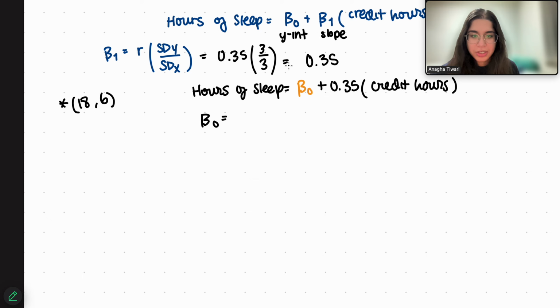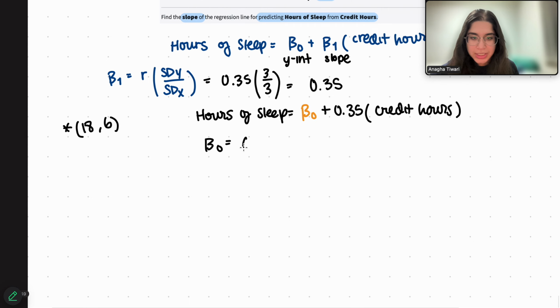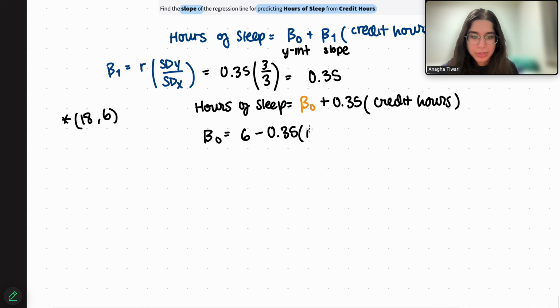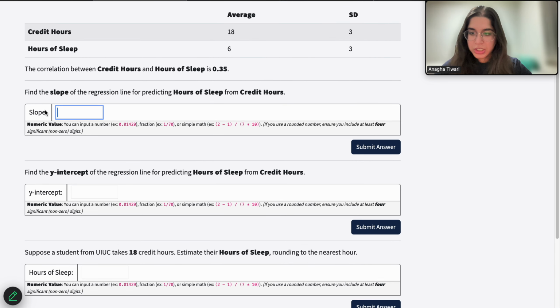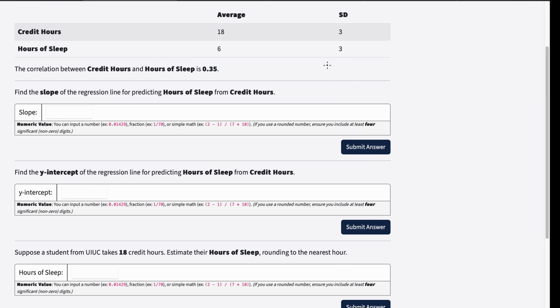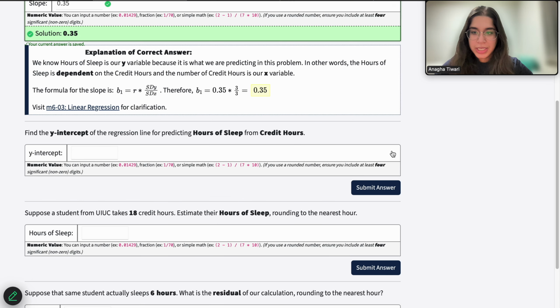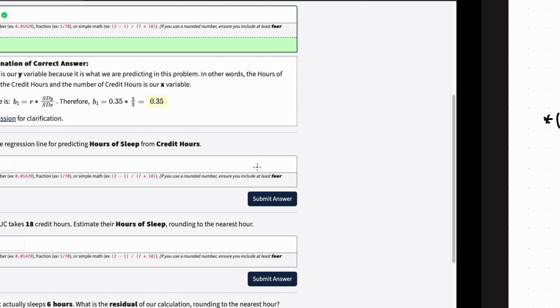Solving for beta 0 is going to be my hours of sleep, which is my y variable, which is 6, minus 0.35 times my credit hours, which was my x variable, which is 18. If you plug that in the calculator, 6 minus 0.35 times 18 is minus 0.3 as my y-intercept for my hours of sleep. So let's go ahead and put in those answers over here. Our slope is going to be 0.35, which is correct, and then our y-intercept was negative 0.3.